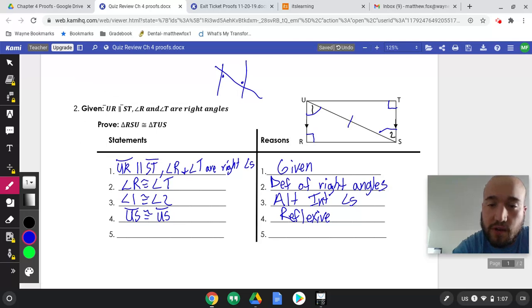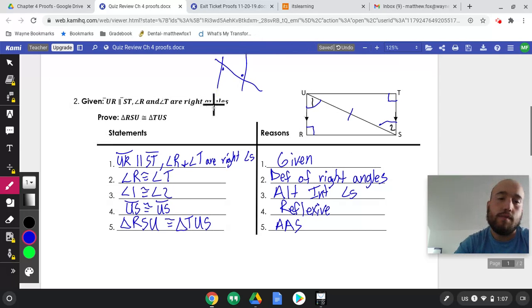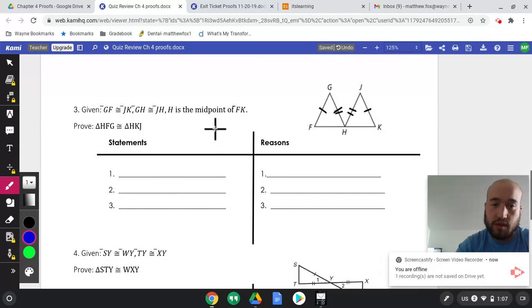Let me mark that over here. So triangle RSU is congruent to triangle TUS, and our reason is because of angle, angle, side. Angle, angle, side.